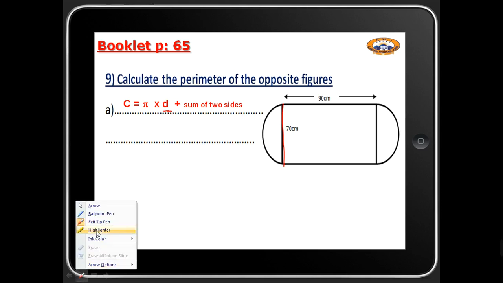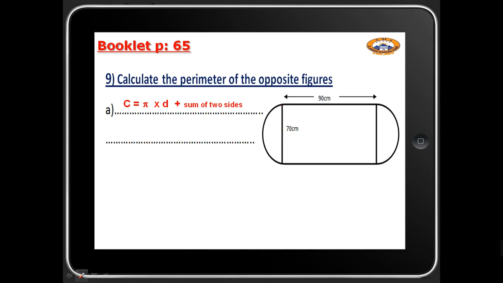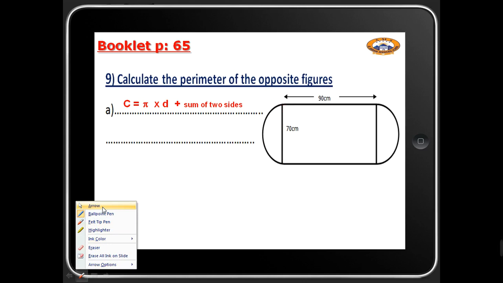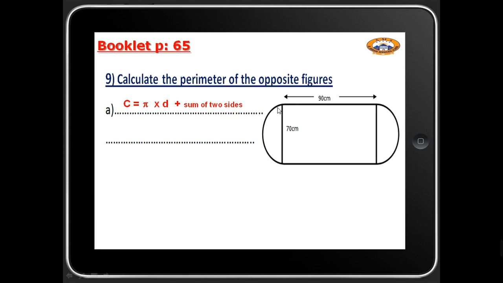Okay, so let's continue solving this exercise. Again, I have to calculate the circumference of this circle. It's 1 circle, but he divided it into 2 parts, and after I finish that, I'm going to add the sum of these 2 sides to it.